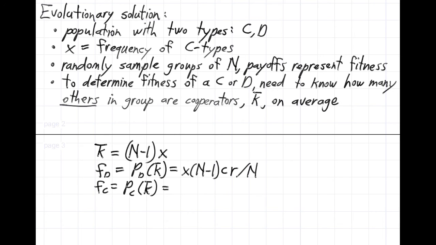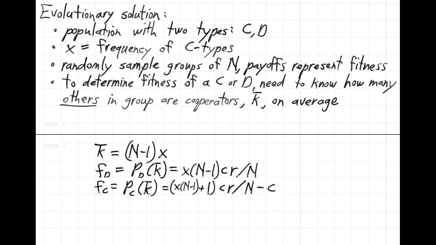And we already saw that was K plus 1 times C times R divided by N, minus the cost this cooperator has to pay themselves. And now we substitute in N minus 1 times X for K bar. And we get X times N minus 1, and then a plus 1 for the extra cooperator, that's me, myself.